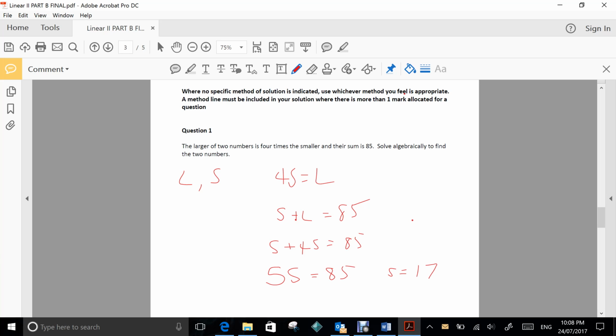So the smaller number is 17, so the large number is 4 times 17, which equals 68. So the two numbers are 68 and 17, which makes sense. They both add up to 85.